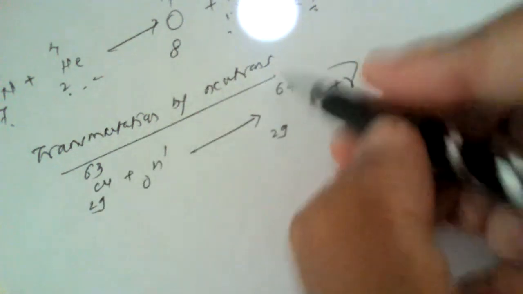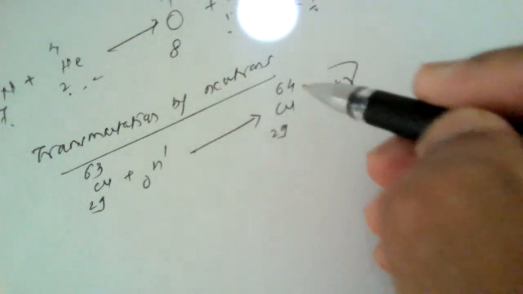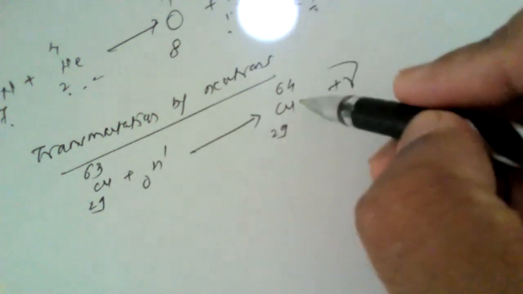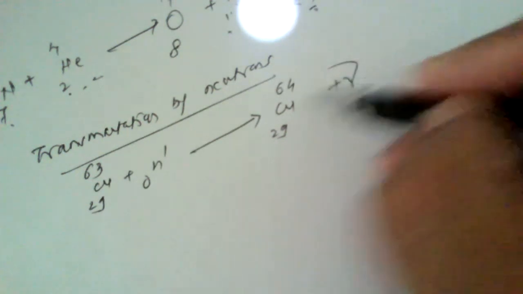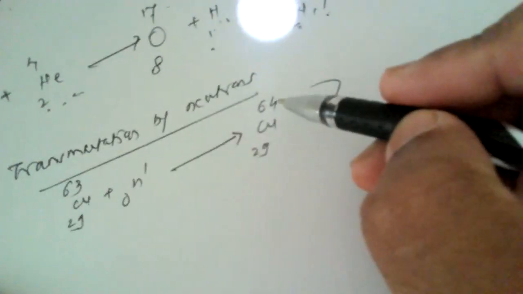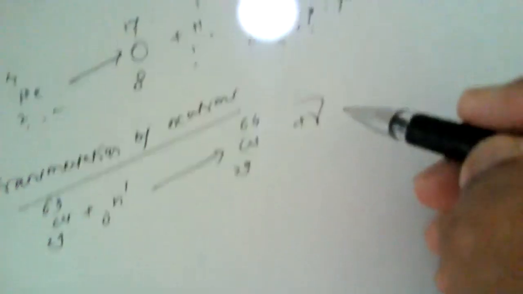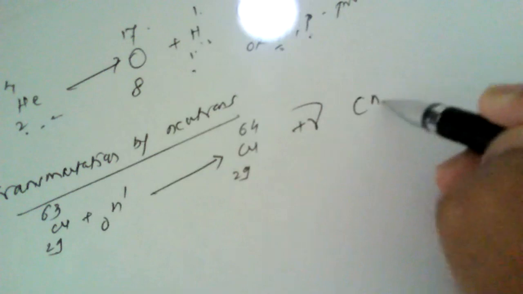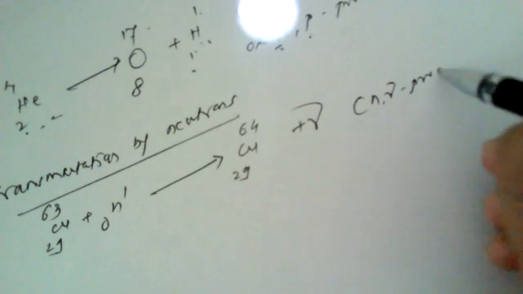Atomic number 29 is copper. That means another isotope of copper is obtained just by bombarding copper-63 with neutrons. So this reaction is known as the N-gamma process.